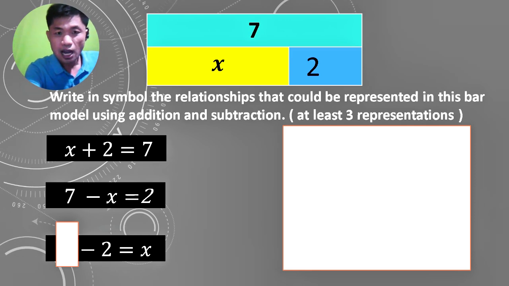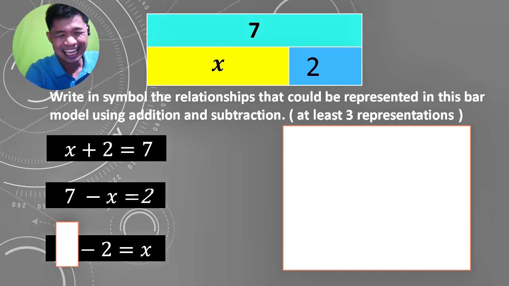Now, our variable is x, and it's 7 minus any number that we can substitute to x that will result in 2.